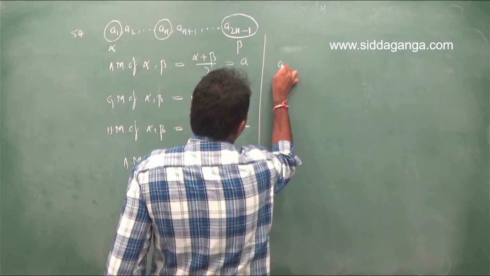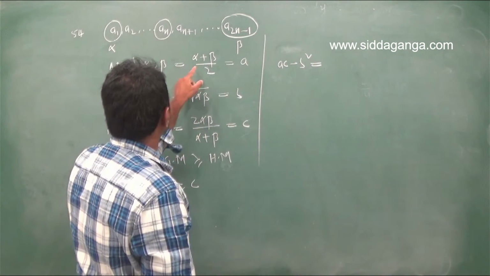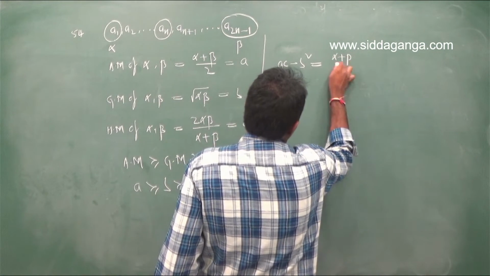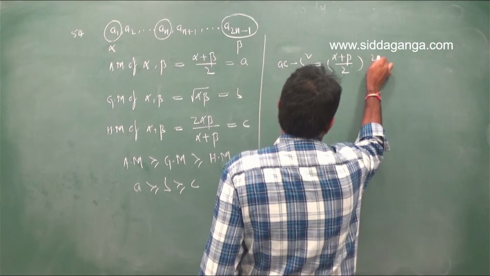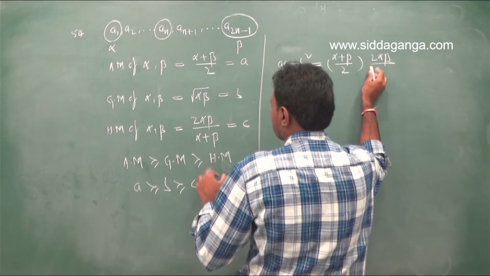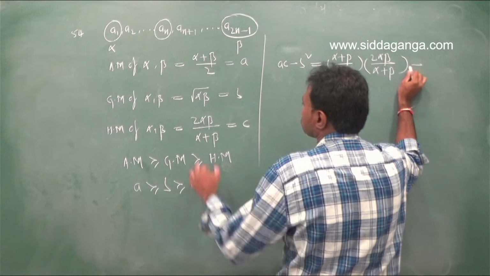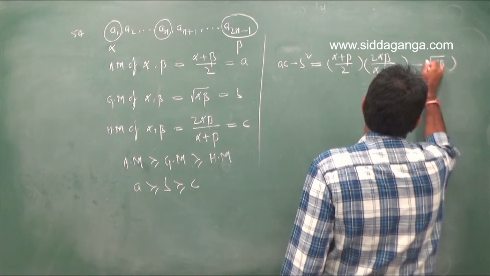Now I am finding ac minus b square. The value of a is (alpha plus beta) by 2, multiplied by the value of c, which is 2 alpha beta by (alpha plus beta), minus b square, that is root alpha beta whole square.